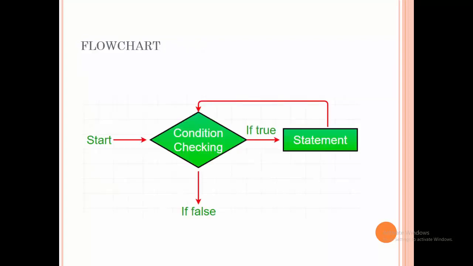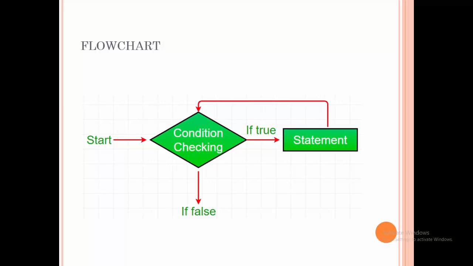In the flow, we start, and we have condition checking. If it is true, it will execute the statement. If it is false, it will go out of the while loop.